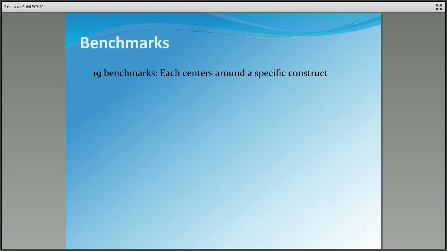There are 19 benchmarks. Each centers around a specific construct, and we'll go through exactly what each measure does in a few minutes. These benchmarks fall into 6 domains, reflecting the goals of MIECHV.